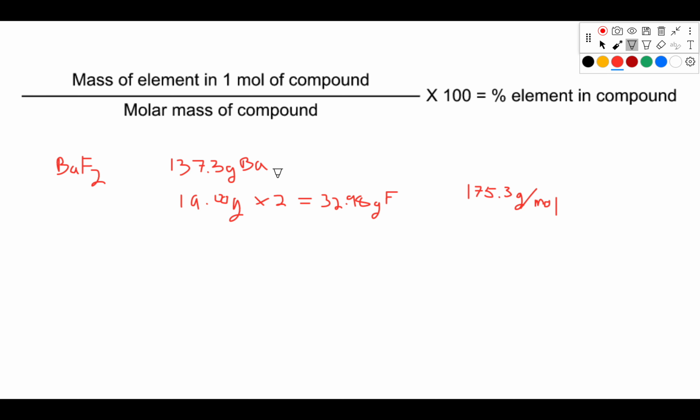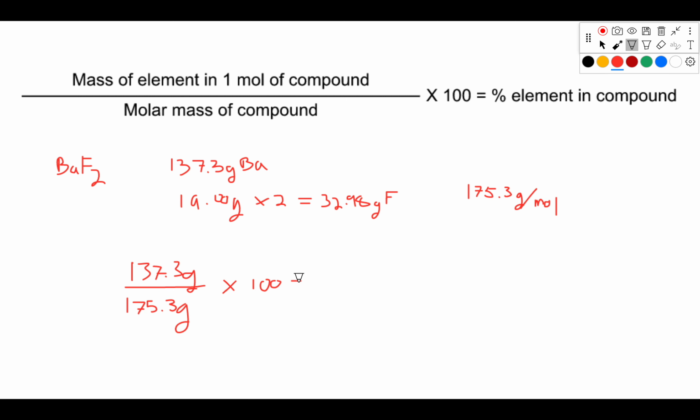So for barium, that would be 137.3 grams. And then we're going to divide it by the molar mass of the compound that we just solved for. So we do 175.3 grams. And then we're going to multiply that times 100.